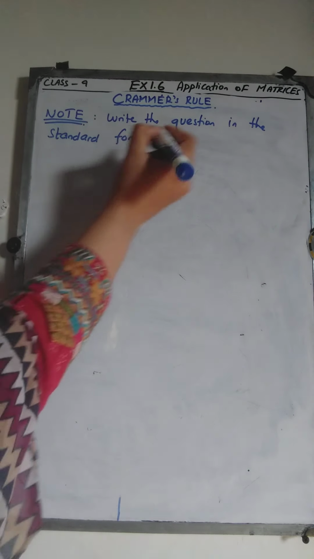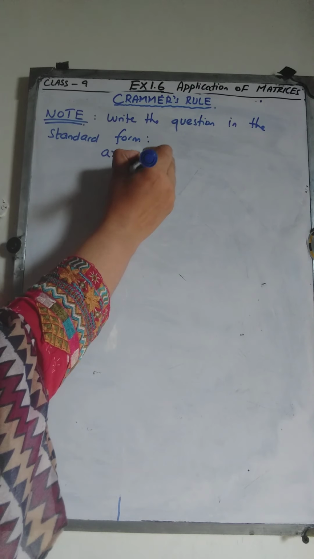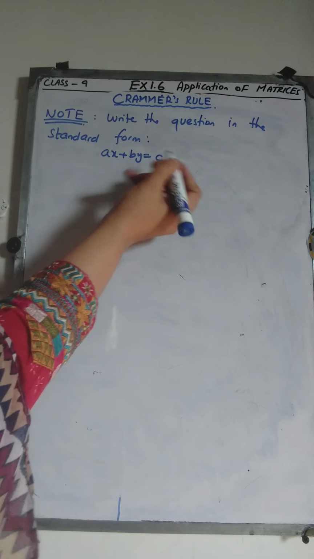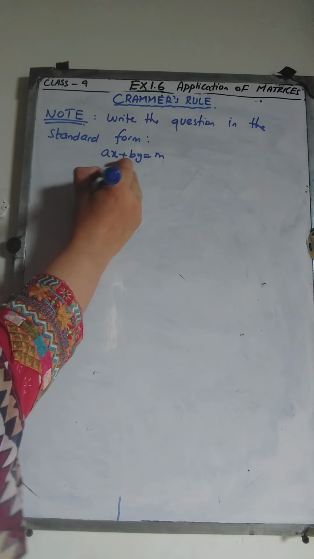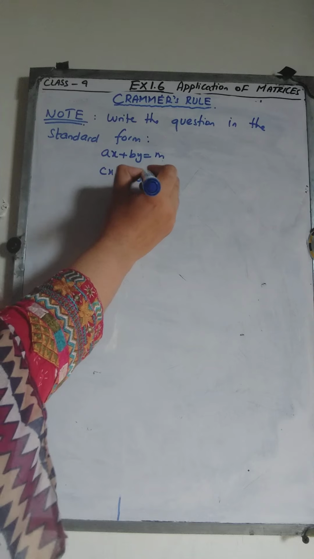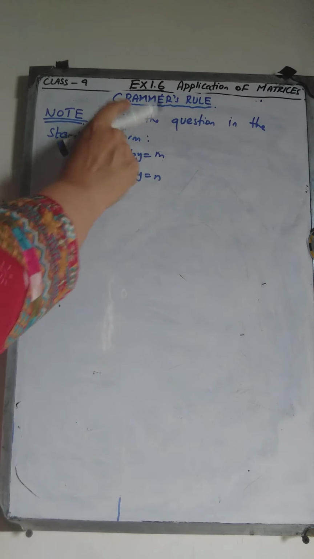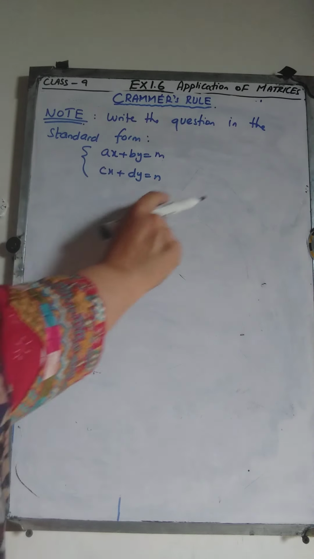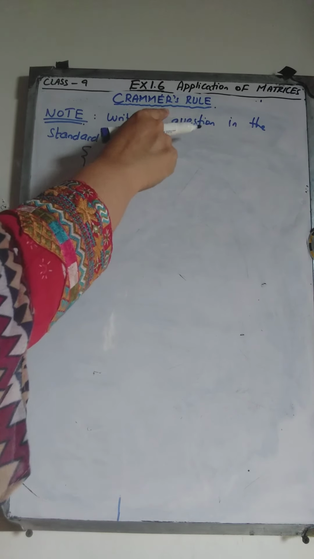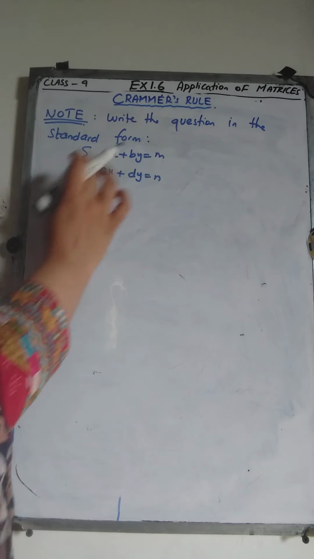For that, it means you have to write it in the form ax plus by is equal to the constant, suppose m, and cx plus dy is equal to n. This is the standard form of the linear equation. Okay, so whenever you are given some linear equation, first of all you need to put it in this form. Okay, then apply Cramer's rule and the inverse method. Okay, first is this thing that you should take care of.